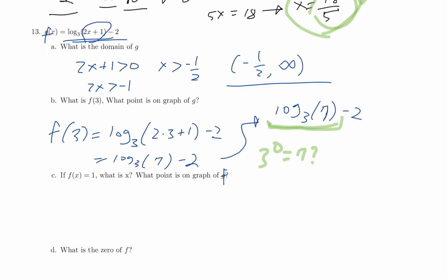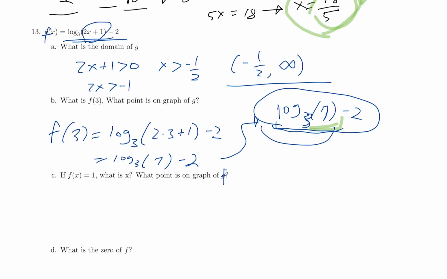One way we can find this is using a calculator, but again, you won't need a calculator in this class. So for now, this is a number. This expression, log base 3 of 7 minus 2, is a number.